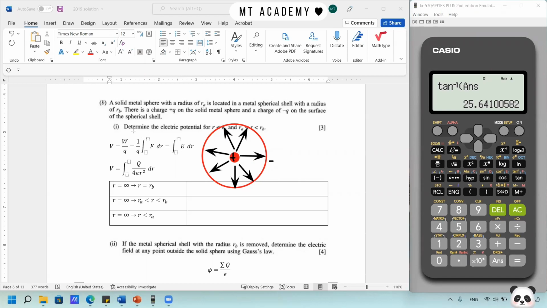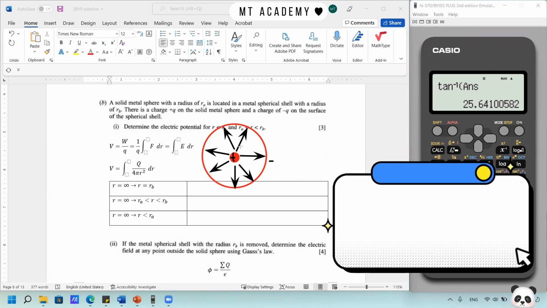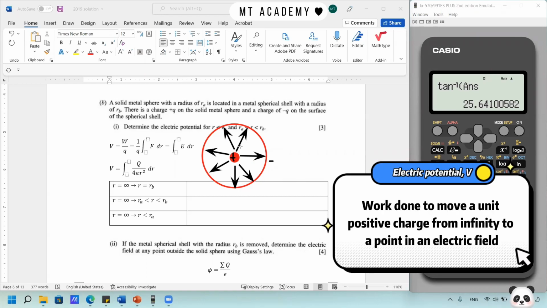Determine the electric potential for these two regions. I think we learned about how to do the derivations. The electric potential is defined as the work done to move a unit of positive charge from infinity to a distance in the electric field.